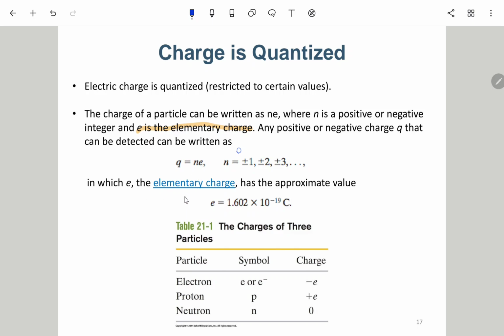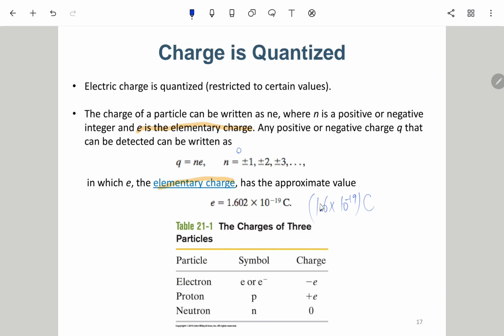Okay, so this is the so-called elementary charge, 叫做基础电荷。So it has the approximate value of e equals 1.602 times 10 to the negative 19 C, but usually 1.6 times 10 to the minus 19 is already sufficient. So usually in a quiz or exam, using 1.6 times 10 to the minus 19 is okay. We don't need 4 significant digits.